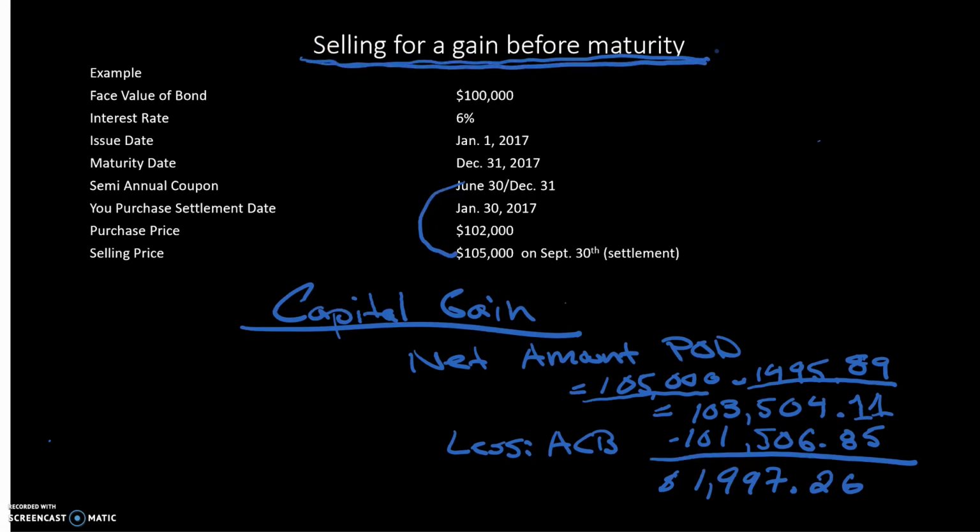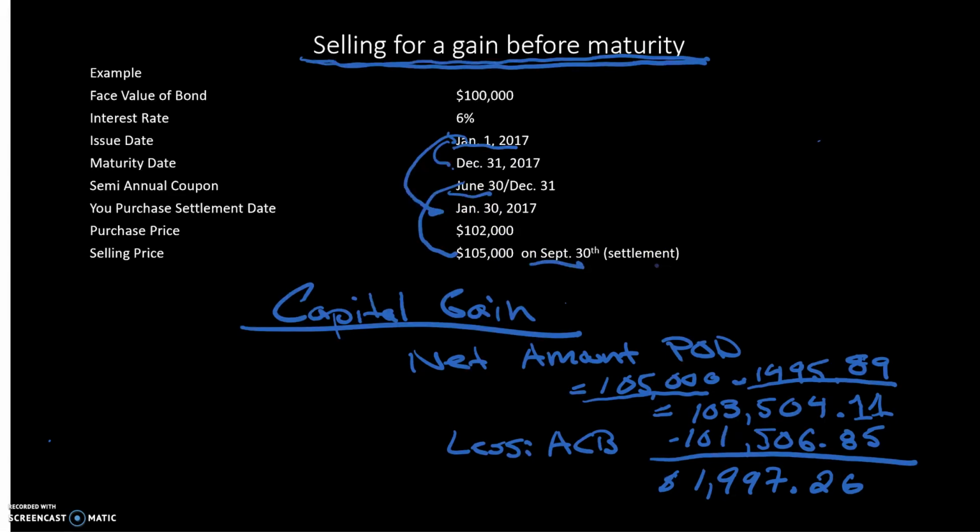We had to do two accrued interest calculations. One was for the period between January 1st, 2017 and January 30th. That 30-day accrued interest we did in the first example in part 1 of this video. Then we made a second accrued interest calculation from June 30th to September 30th, which was accrued interest due to me as a seller.